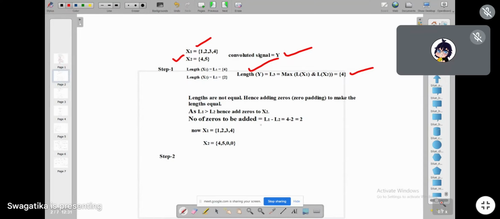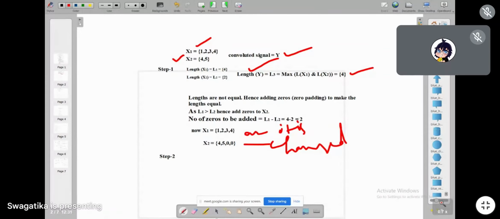L1 minus L2, that is 2. So you have to add 2 zeros in x2. So the sequence x1 is 1, 2, 3, 4 as it is. Now x2 is changed to 4, 5, 0, 0. Clear? Now length of x1 and x2 are same.